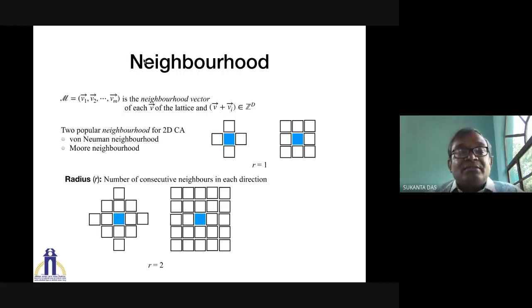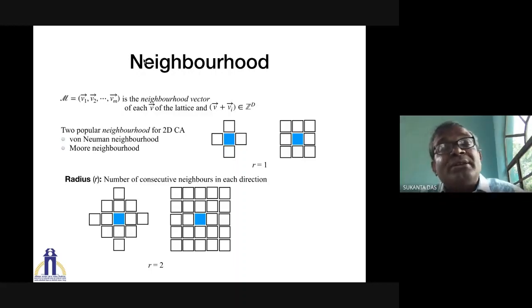So by specifying R, I can get the neighbors of a cell. If so, radius is more appealing than the neighborhood vector. The neighborhood vector has a general structure, but in 2D there are two options that may confuse you.